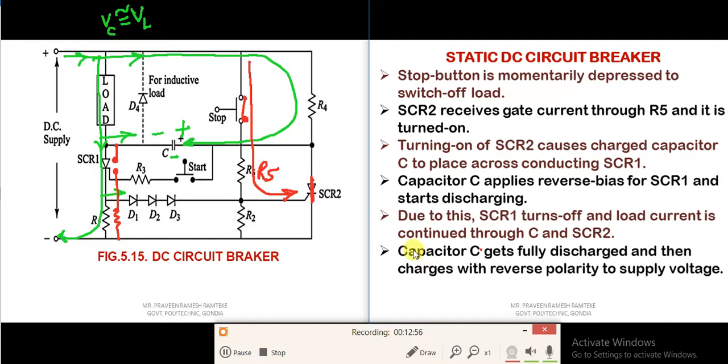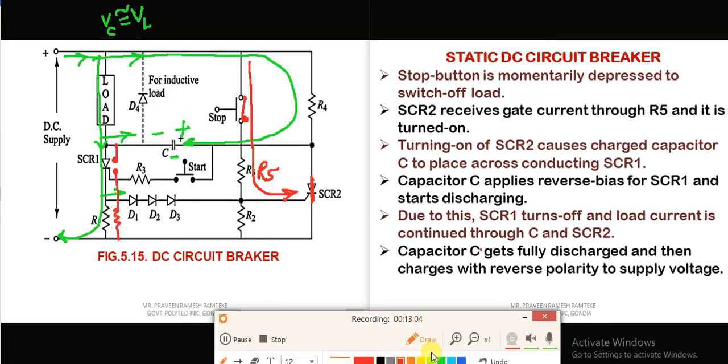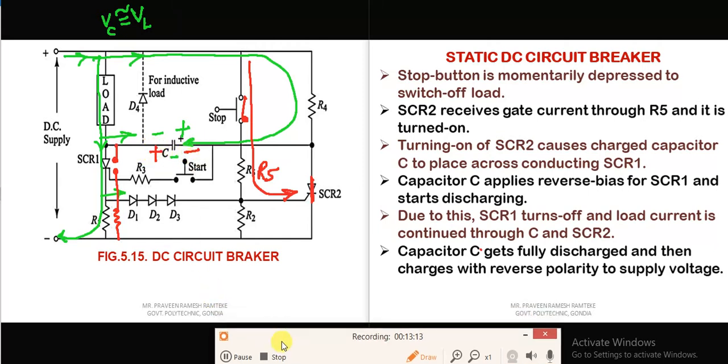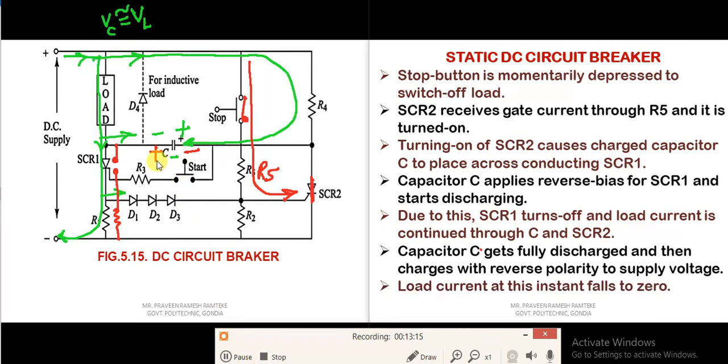The capacitor C gets fully discharged and then it charges to the reverse polarity to the supply voltage. It is reverse charging. Means this plate is now positive and this plate is now negative. As the polarity of the capacitor reverses, the load current at this instant falls to 0.